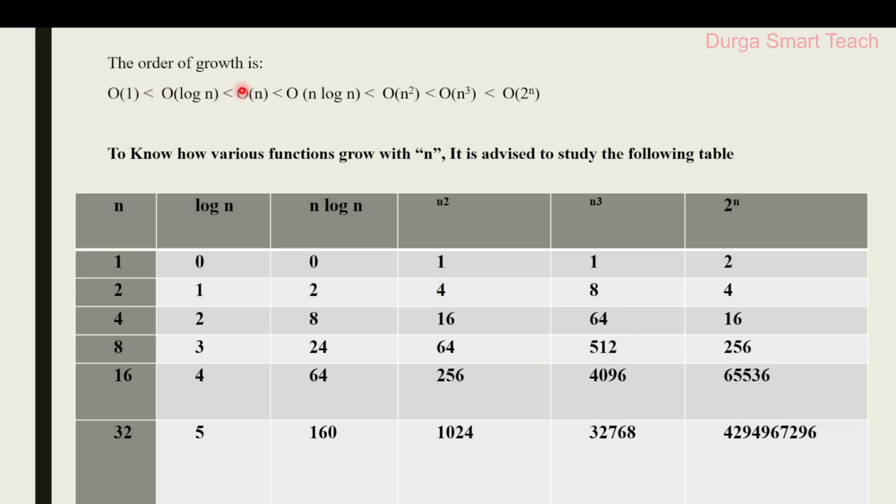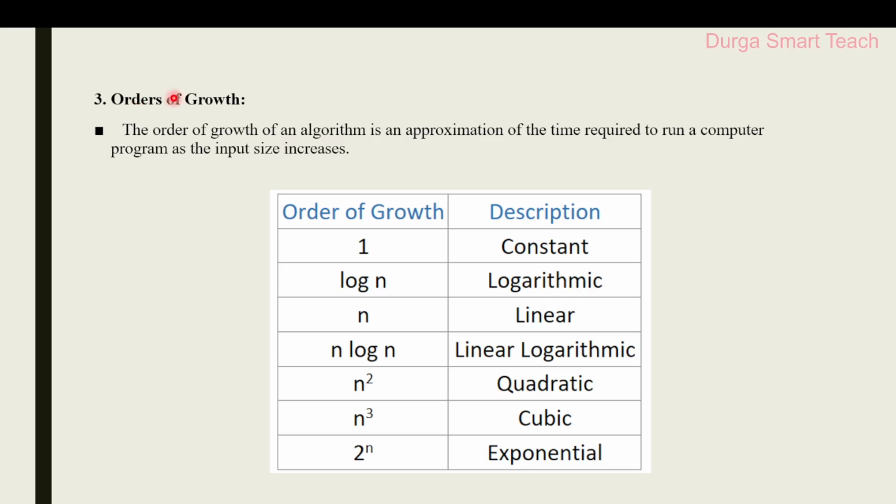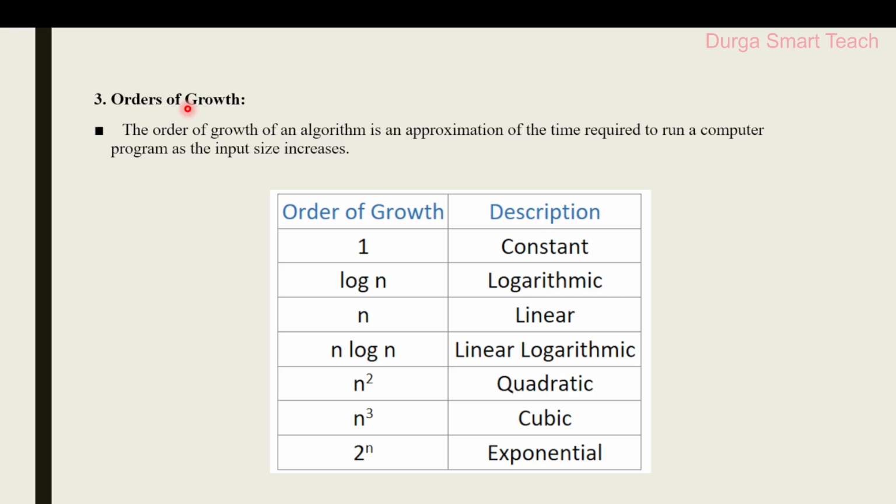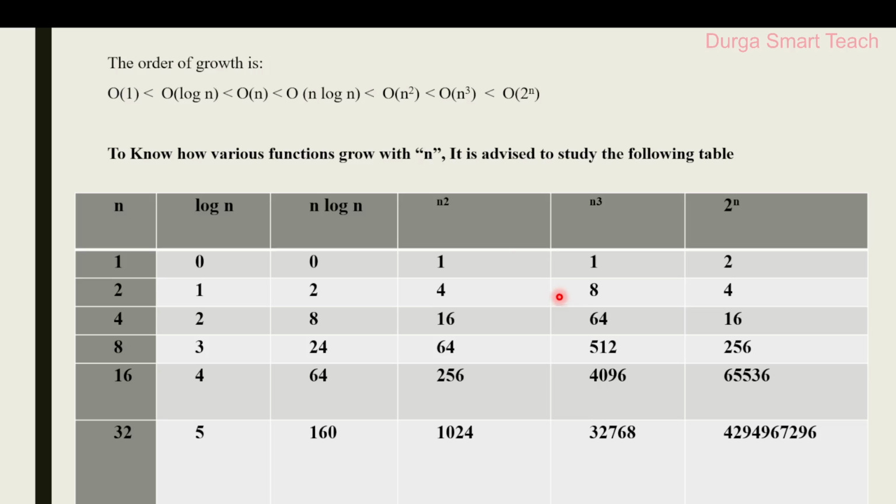So the order of growth is, for constants it will take less amount of time than logarithmic, and for logarithmic it will take less amount of time than linear.